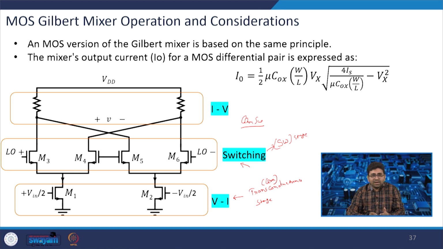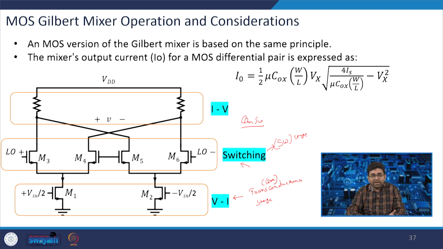That is why it is widely considered in multiple applications, but it has one disadvantage: it consumes more power, it has multiple stacked transistors, and it requires a differential input. Since your LNA is single ended, the single ended output has to be converted into differential in order to use this Gilbert cell mixer.